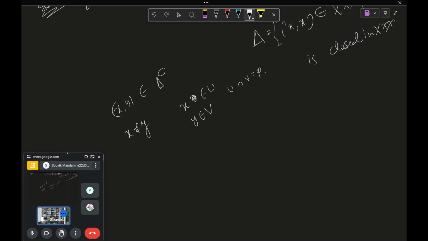Sorry, sir. Let me give you an open set containing this (x, y), to show that (x, y) belongs to some open set which is contained inside the diagonal complement, right?